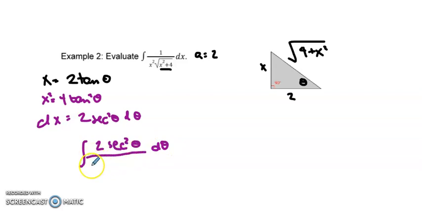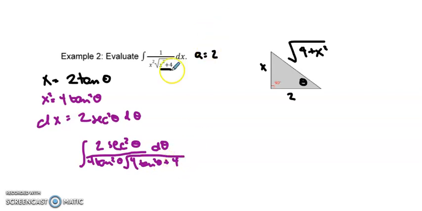And then in my denominator, I have the square of x, which is 4 tangent squared theta, times the square root of x squared plus 4, which is 4 tangent squared theta plus 4.